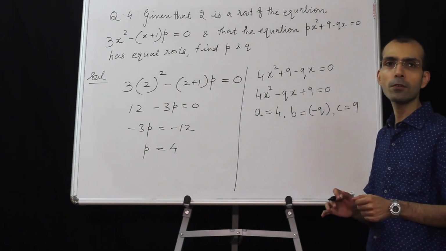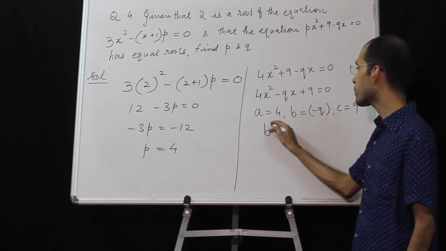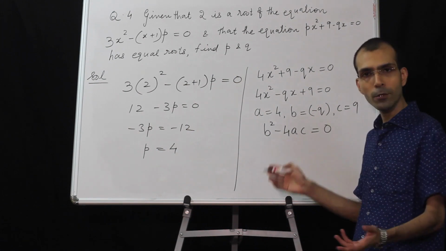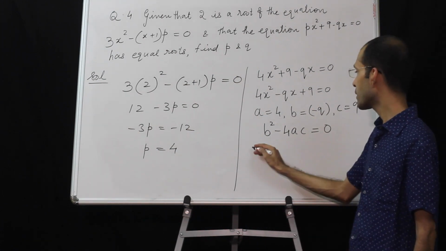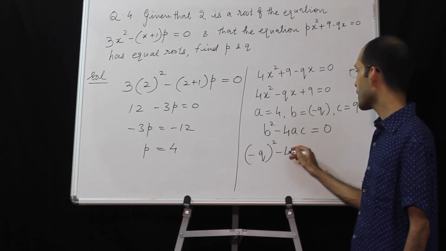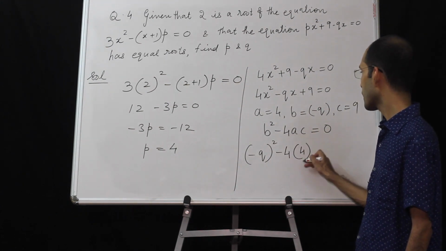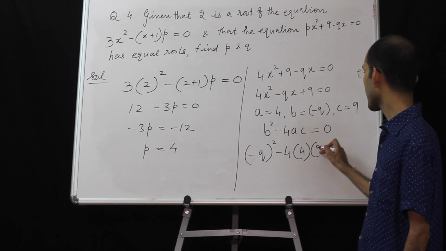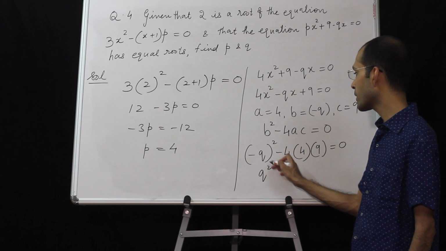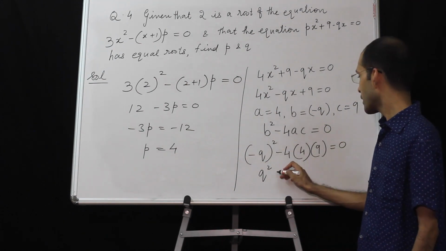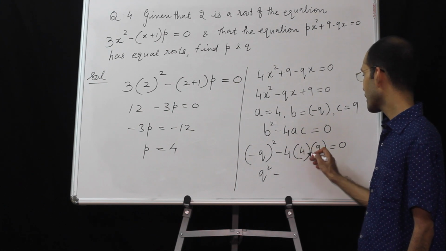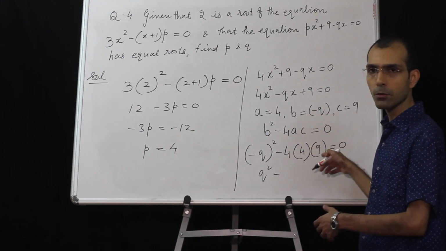Since this equation has already equal roots, the nature is already known. So what can we conclude? B square minus 4ac will naturally be 0. Now substitute (minus q) square minus 4 into 4 into 9 equaling 0. So this will become q square, minus when you square. Q square minus 4 into 4, 16. 16 into 9, 144.